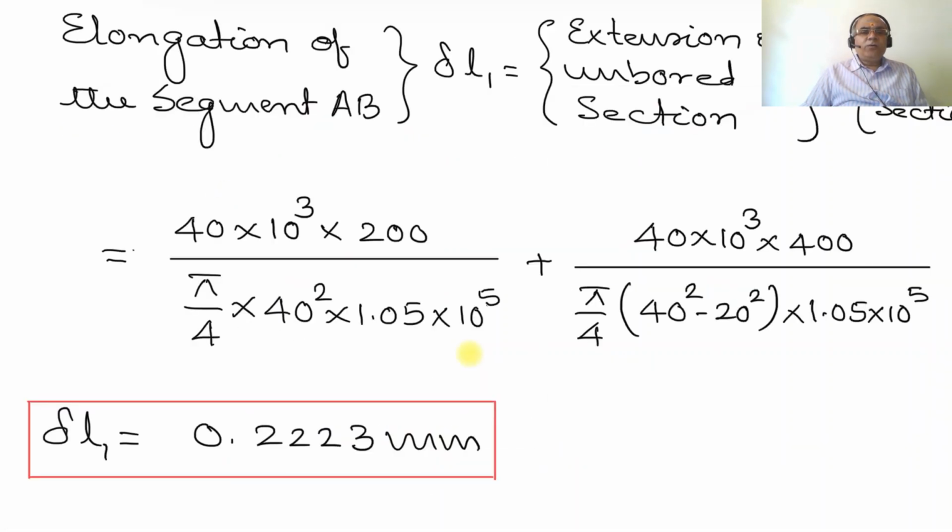Now we need to find out what the elongations are, since he wants to find out the total elongation. So the total elongation of the segment AB, which is delta L1, will be equal to the extension of the onboard section plus the extension of the board section.